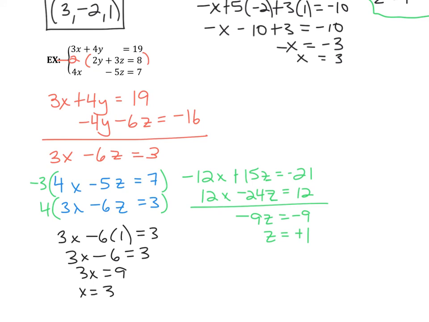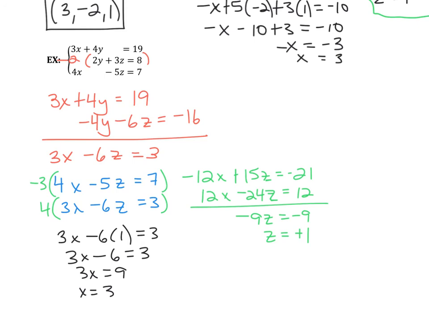All right, and then finally, I need to solve for y. So I need to go back to an equation that has a y in it, and I can go back to any equation that has a y in it. So if I look back at my original system, so to speak, I've got 2 up here that have a y in it. So I'll just pick the second one, I guess.